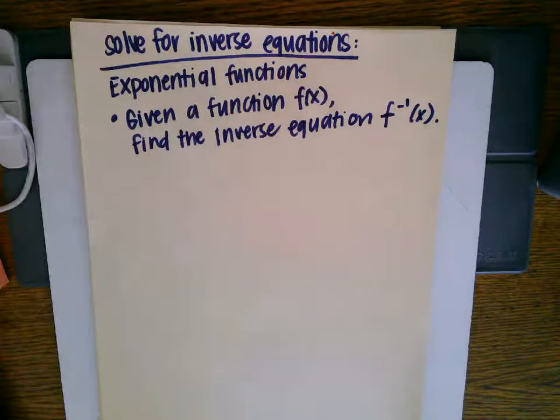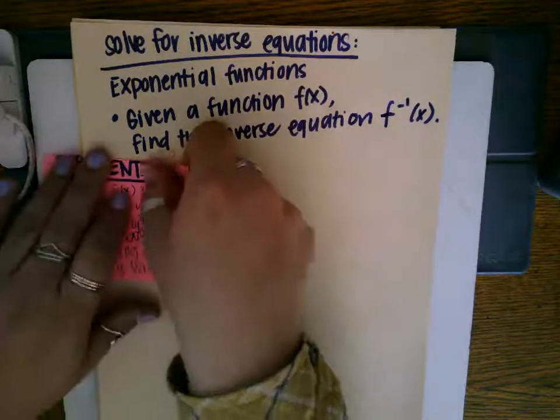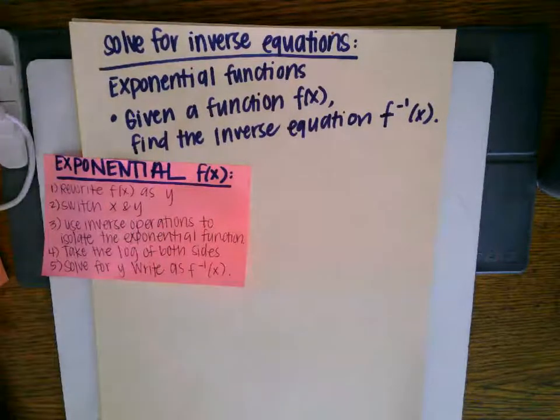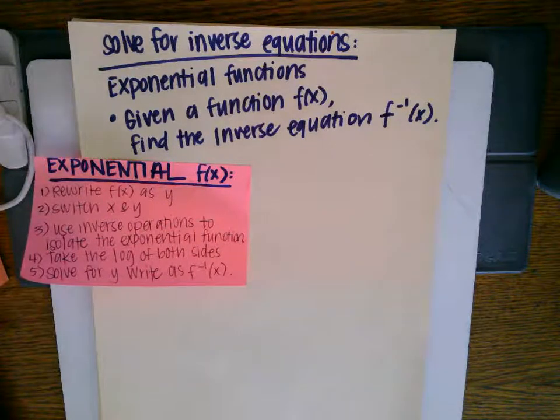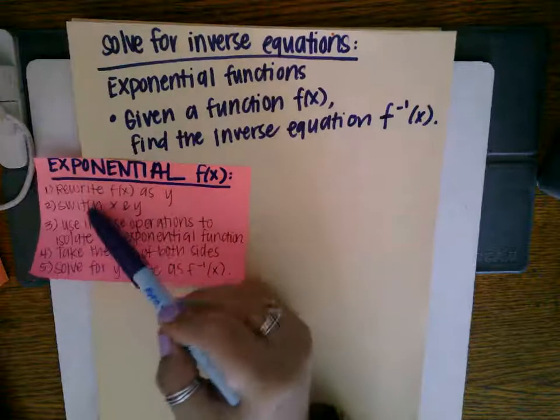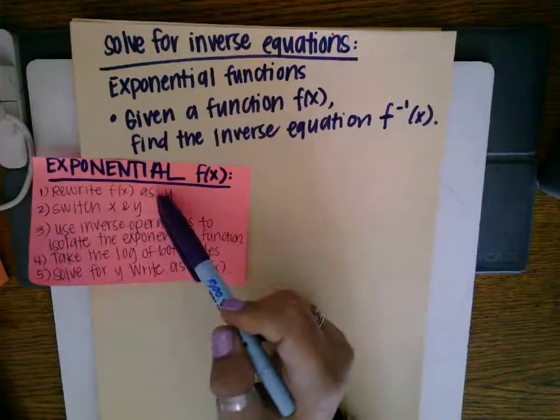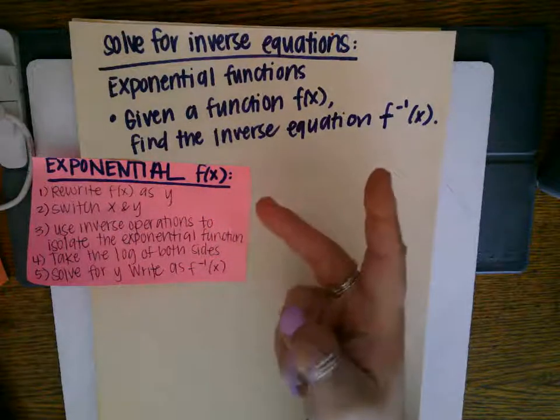Okay, so what we're going to do when we solve exponential functions is just like we solved for inverses back in unit 1, way back when. We're going to first, after we have an equation, rewrite f of x as y. Then we're going to switch the variables. Remember, x and y switch.